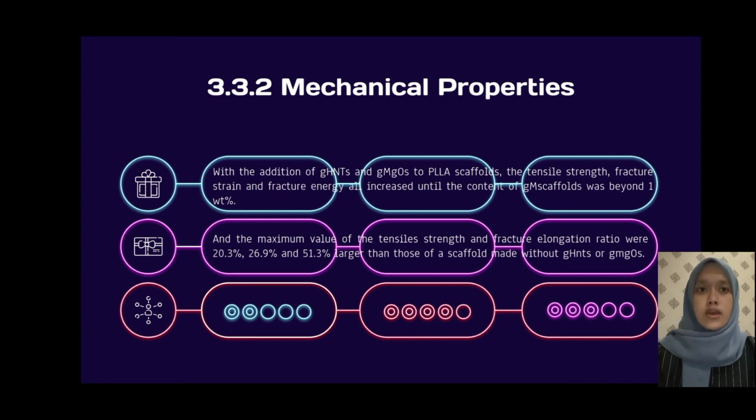Composite scaffolds had a remarkable increase in yield strength in comparison with the neat PLLA scaffold. Yield strength and compressive moduli of the composite scaffold will be greatly enhanced by the addition of GMGOs and GHNTs at a stable ratio.